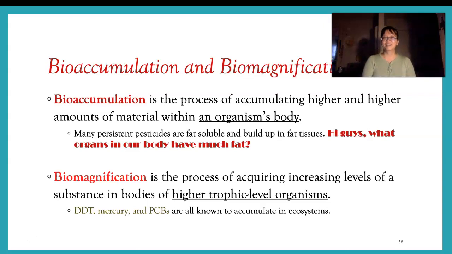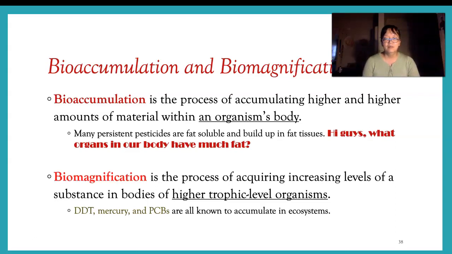Or the parts close to them. And what about our brain? Our brain is majority fat. So when you think about those chemicals, where do they go, how can they accumulate to such a high level without killing living organisms? And if it keeps accumulating in the human body, in our fat tissues, that is no good.